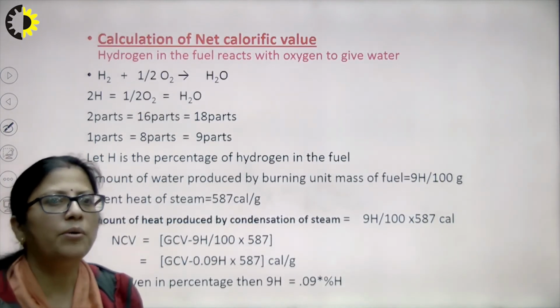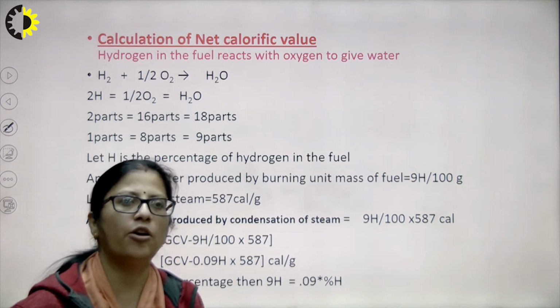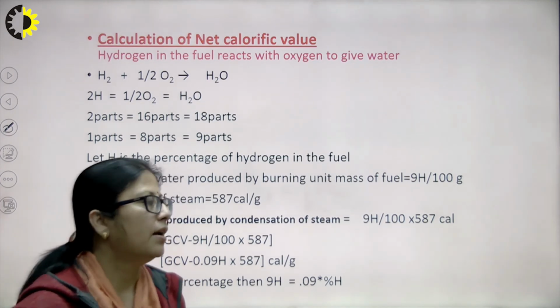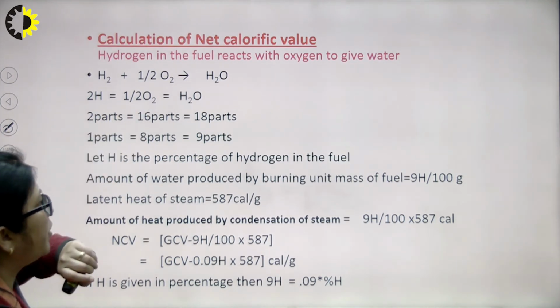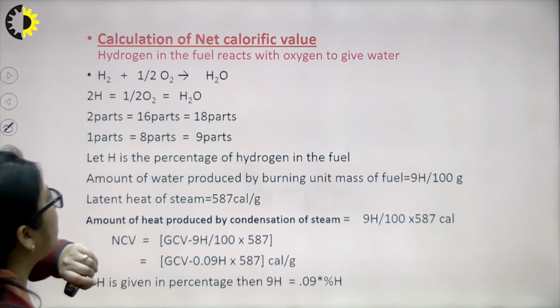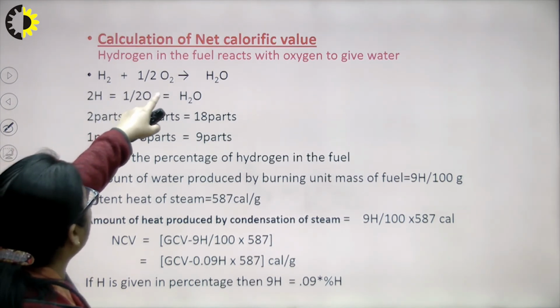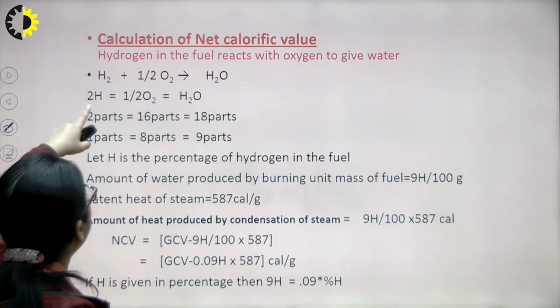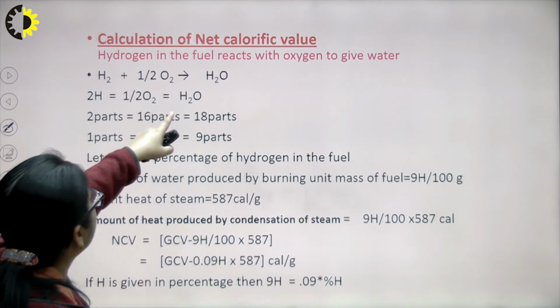Now, the calculation of the net calorific value. How do we calculate the net calorific value? I have already said that the hydrogen present in the fuel reacts with oxygen to give water. According to the equation, H2 plus half O2 gives water. 2H reacts with half O2 to form water.